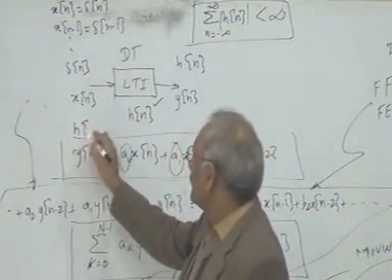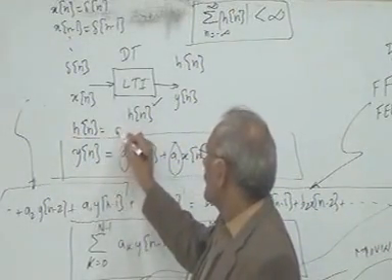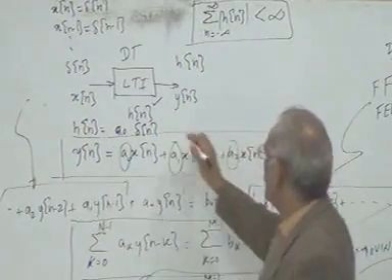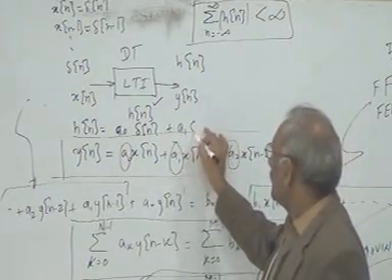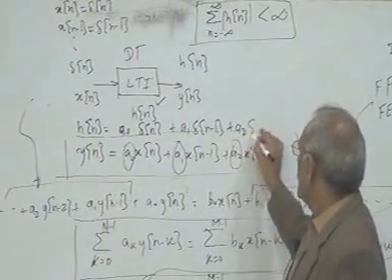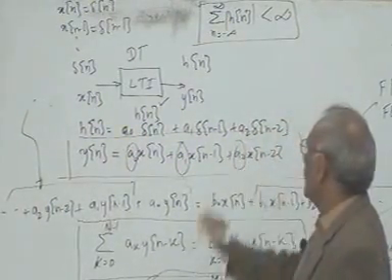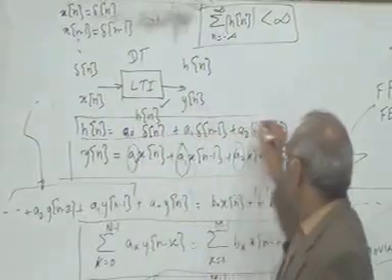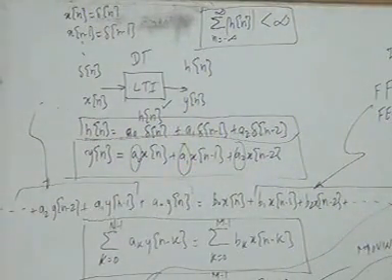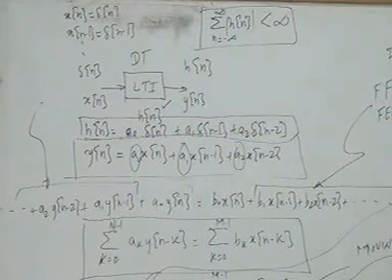So h of n would be equal to a0 delta n, I am just using this equation, plus a1 delta n minus 1 plus a2 delta n minus 2. So if we are given a moving average system, we can just replace x of n with delta n and find the impulse response.